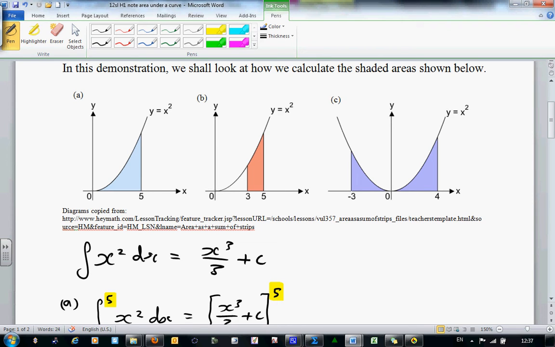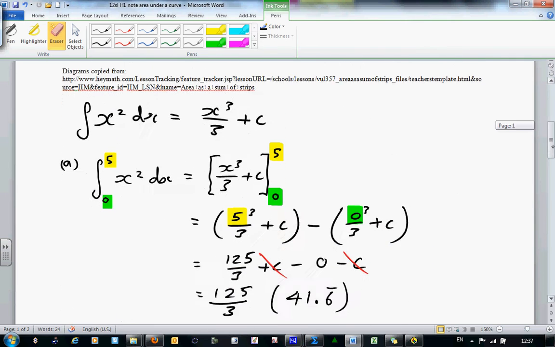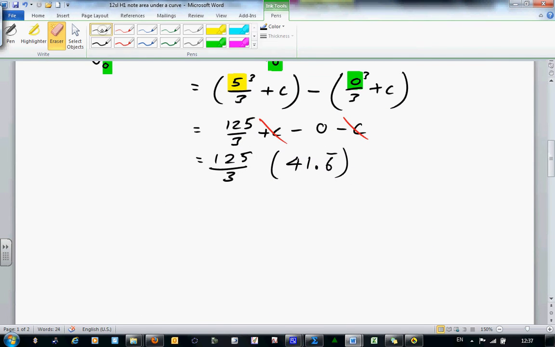Okay, and this is where this subtraction idea comes in. So, how does it look? It looks like the integral between 3 and 5 this time of x squared dx. Clearly, the integral is going to stay the same, x cubed over 3 plus c. The only difference is the conditions of the upper limit and the lower limit.